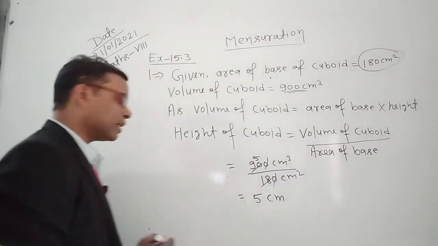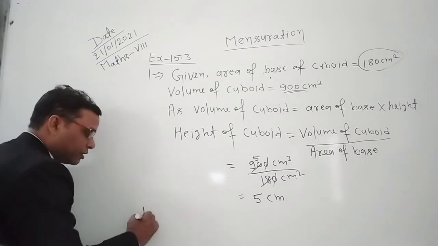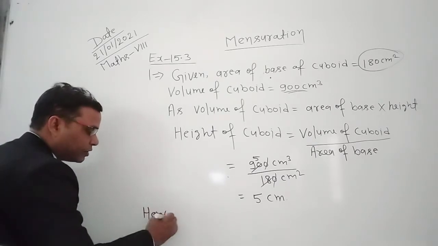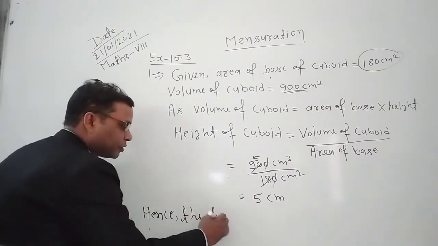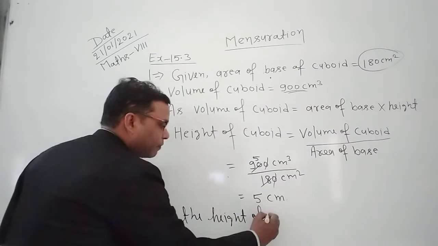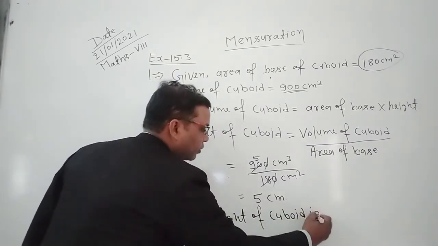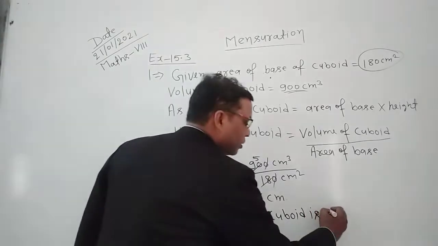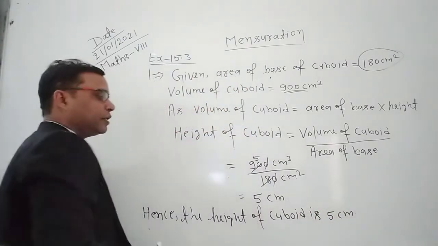You can write at last, hence the height of the cuboid is 5 centimeters. This is clear.